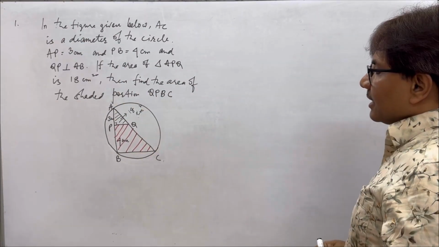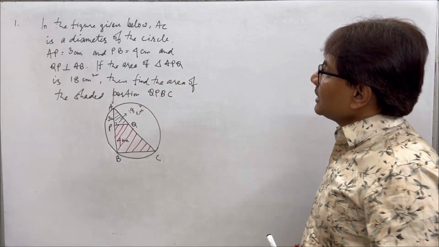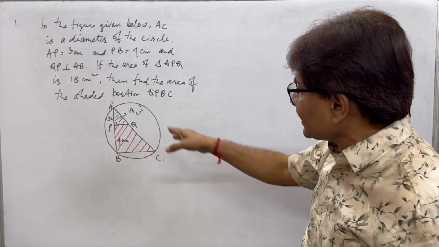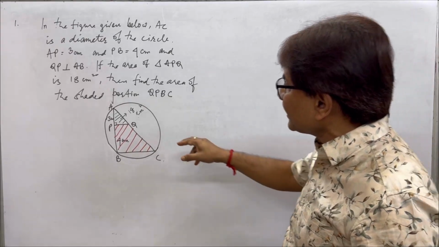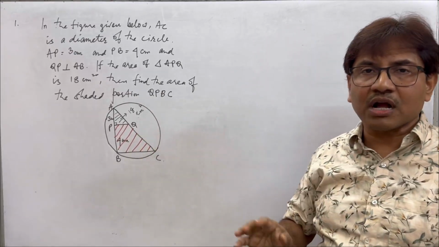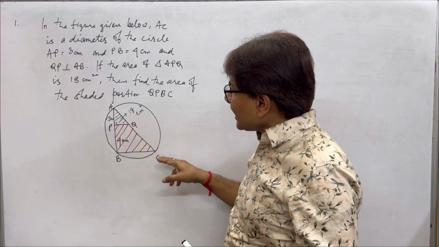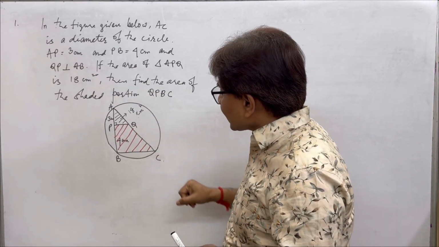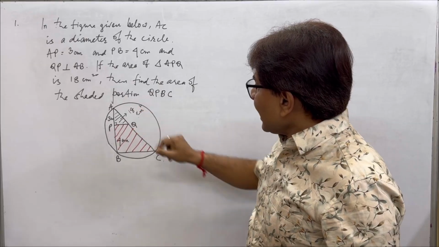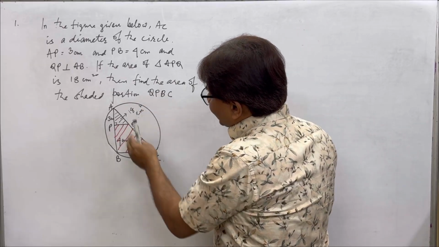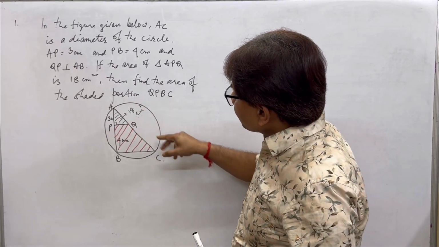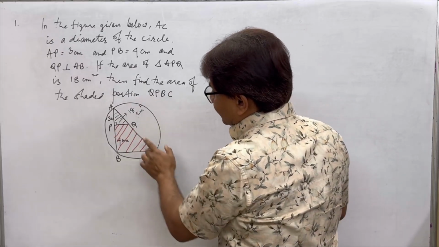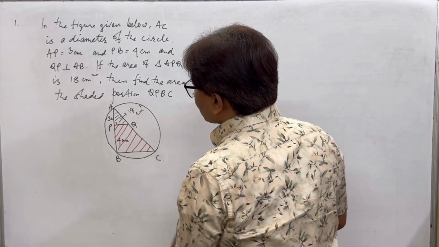See this, first of all it is mentioned that AC is the diameter. As AC is the diameter, definitely it is passing through the center, there is no doubt, and any angle formed on the circle by the diameter is of 90 degree.